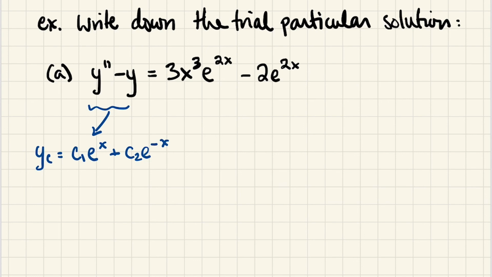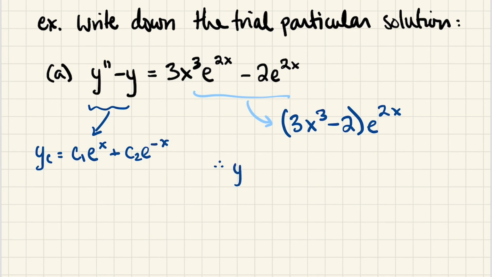So that's nice. Okay, to find our yp, we should probably factor the e to the 2x out so we can group this as a polynomial times an exponential. That helps us break it down, because our particular solution will be of the form of a polynomial multiplied by the exponential.